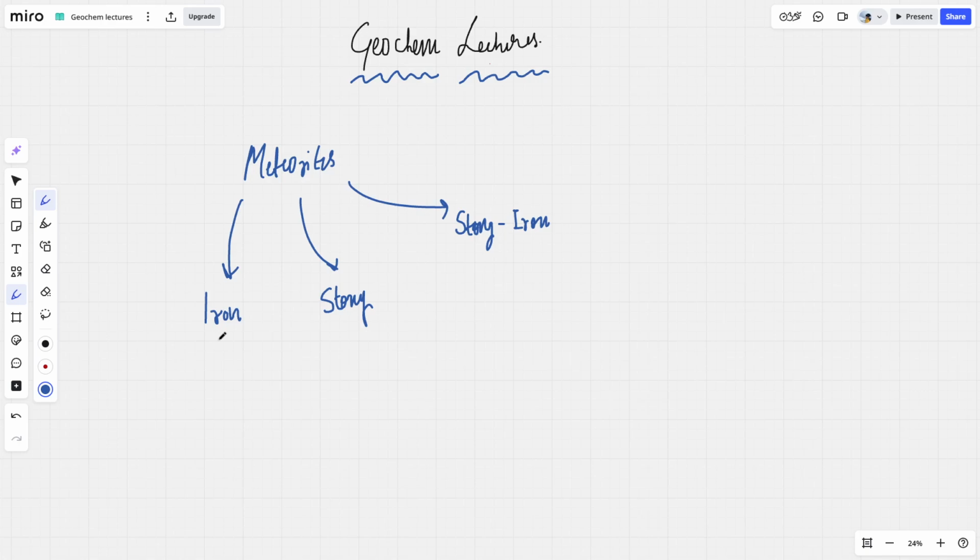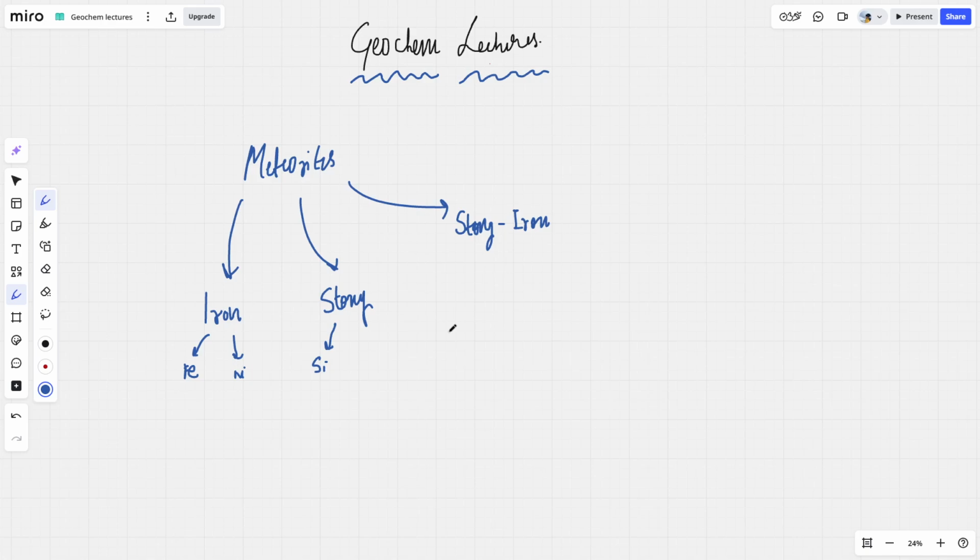So now the iron meteorite is mainly composed of Fe and nickel. So iron and nickel is there in iron meteorites. In stony meteorites, we have mostly the silicates.